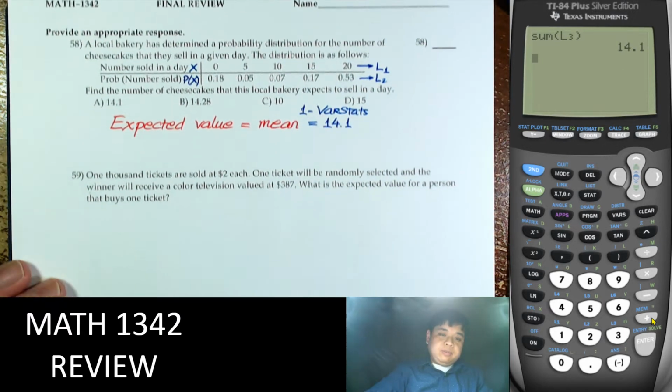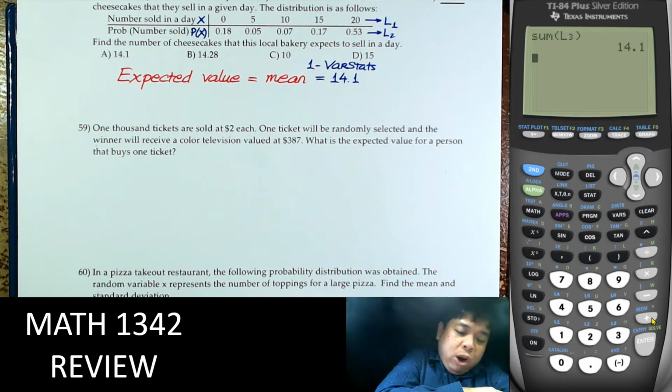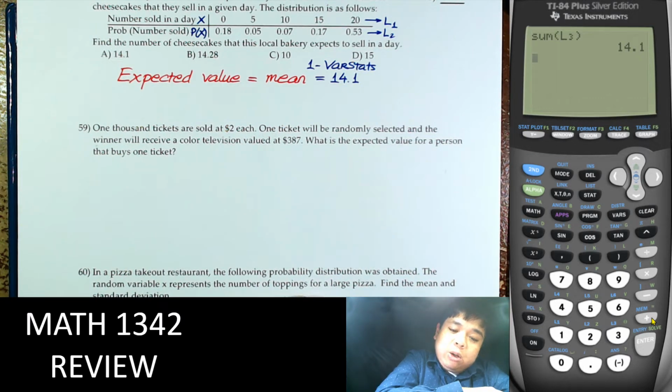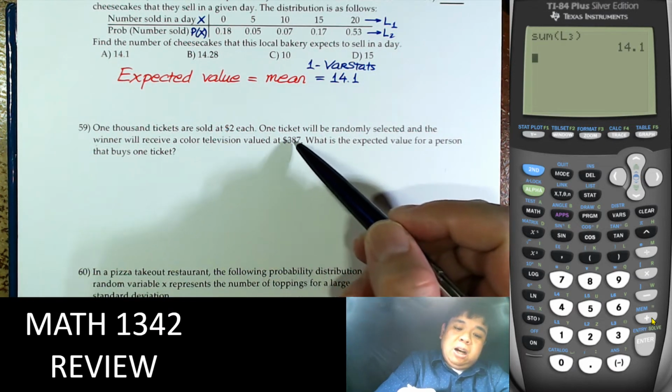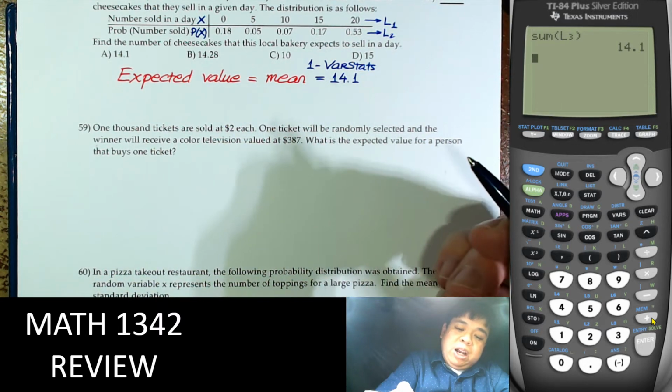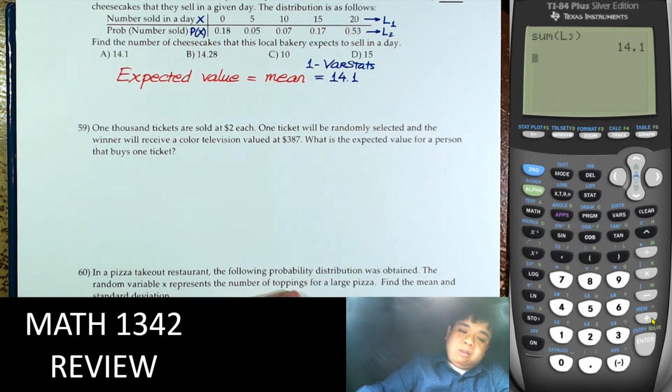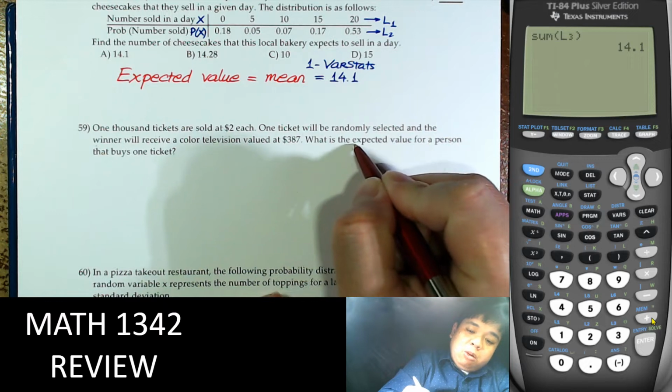Right. The next one, 1,000 tickets are sold at $2 each. One ticket will be randomly selected, and the winner will receive a color TV valued at $387. What is the expected value? So this is pretty much the same type of problem.